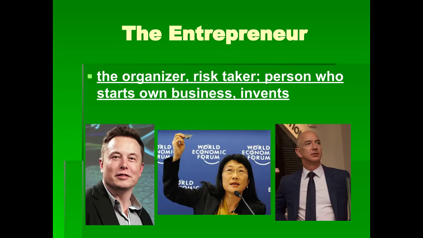They are a factor of production because they're the person who is organizing everything. They're the person taking a risk to start their own business. So let's say I want to make my own business.